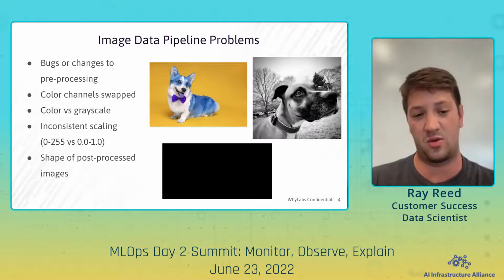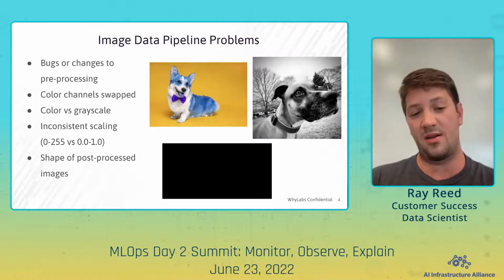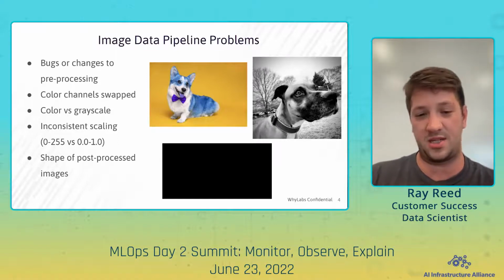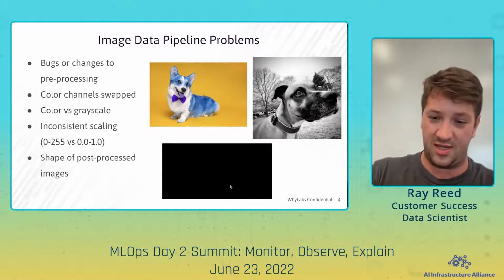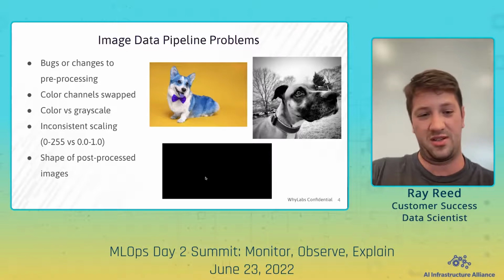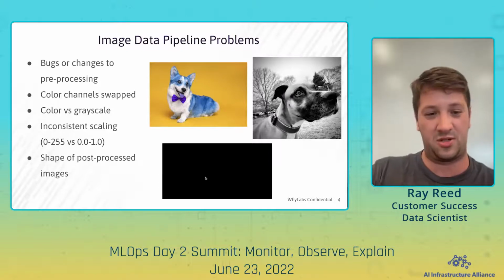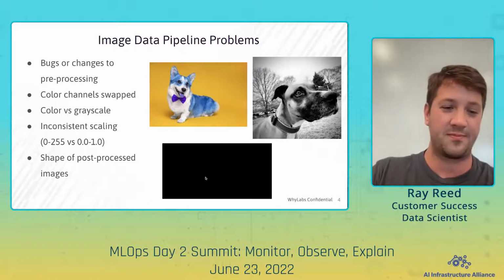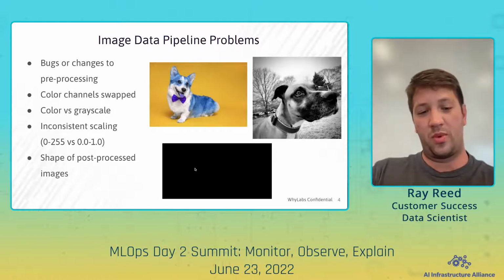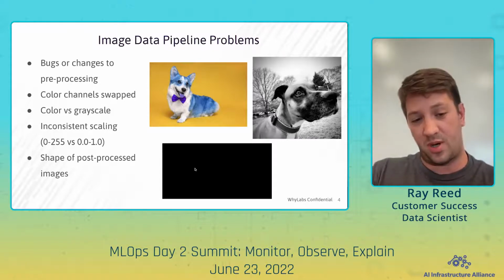Some might use 0 to 1. If we make some kind of mistake in our pre-processing, we could end up with a dog that looks like this, which is a real shame because this was actually the cutest dog in all of the examples that I had. As one more example, we could have the shape of the post-processed images changing as well.